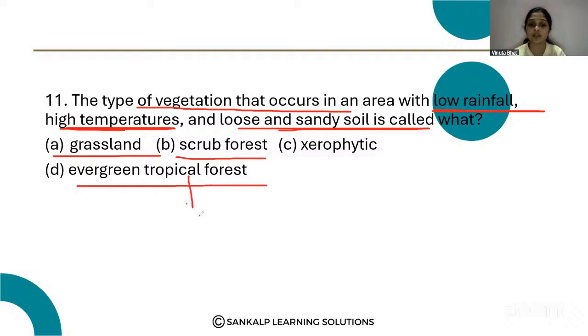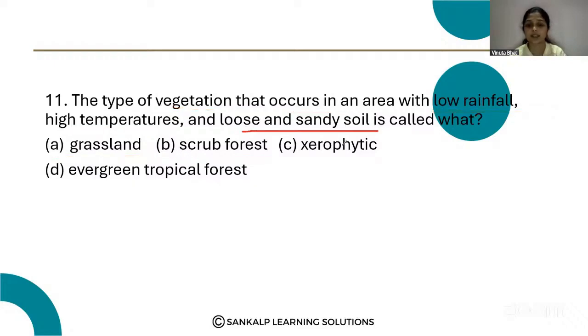Evergreen tropical forest means there you can see black soil as well as low temperature. Low temperature means not too high, around 20 to 25 degrees Celsius, optimum temperature, and high rainfall that you can see in the evergreen tropical forest. Then scrub forest also receives less rainfall, but it does not contain sandy soil, right?